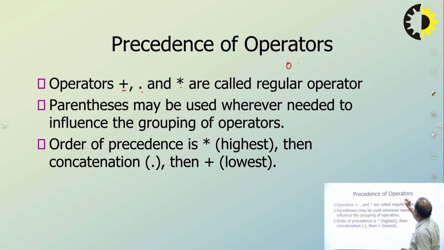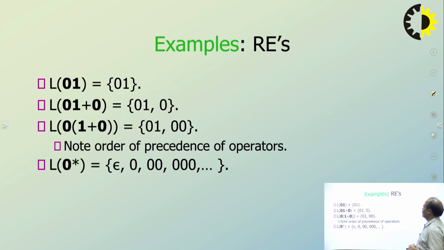Like if I say 0 plus 1 dot 1 star, what is the order of parenthesization? This will be taken first, then this is second, followed by this. So star enjoys the highest priority, followed by dot, then followed by plus.